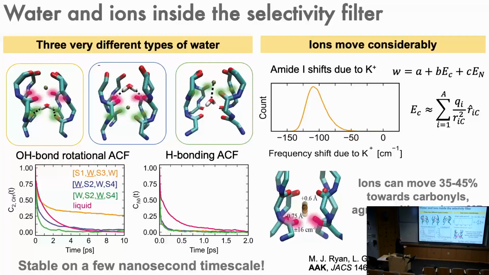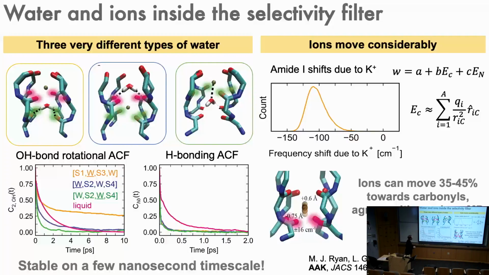This is the OH bond, so this is a correlation function of the OH vector with itself. It's decaying, but much slower than liquid and the other 2 types of water. On the other hand, we have green, which decays so fast. It's much faster because it's just spinning in the middle of the binding site.